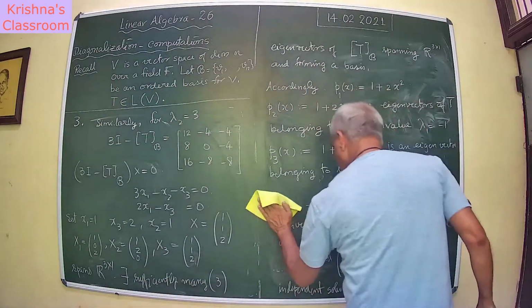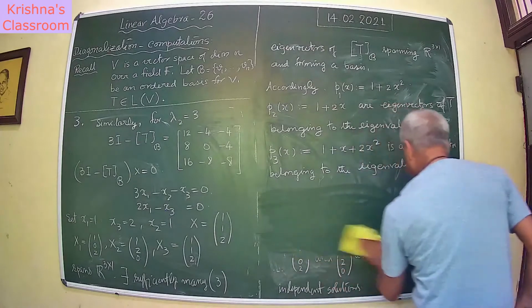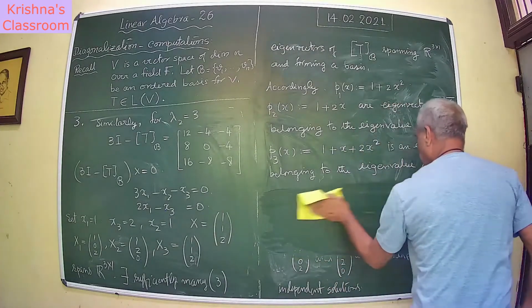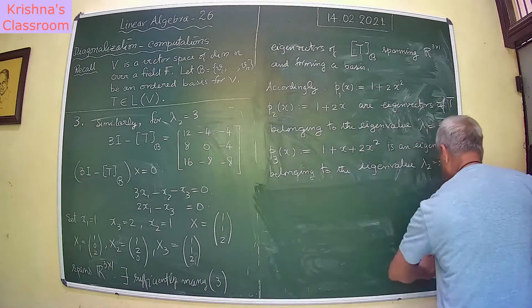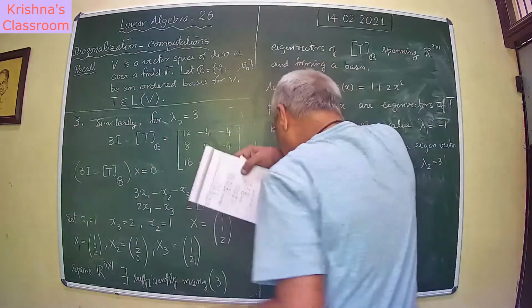Therefore one observes that these three eigenvectors do provide us with an ordered basis for P3.